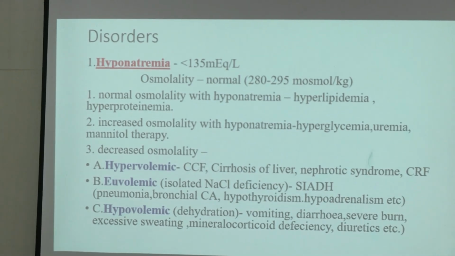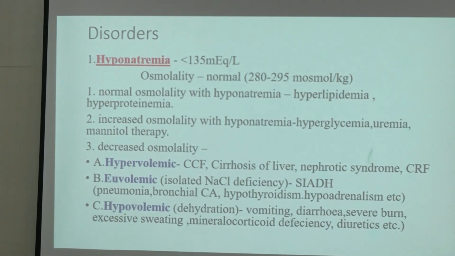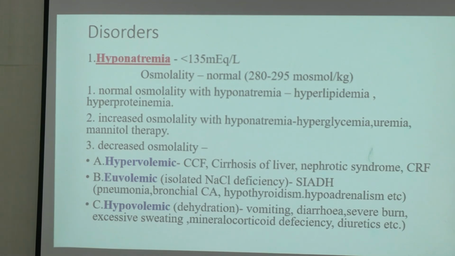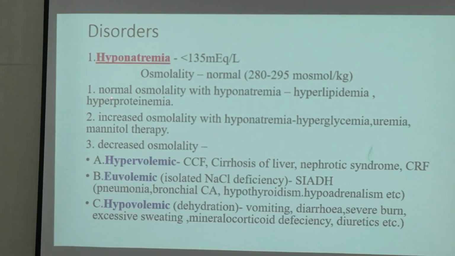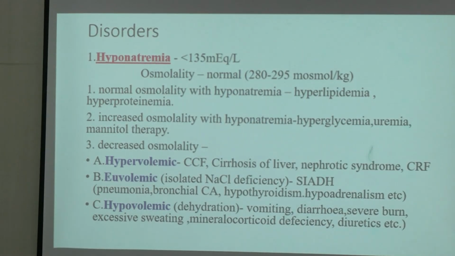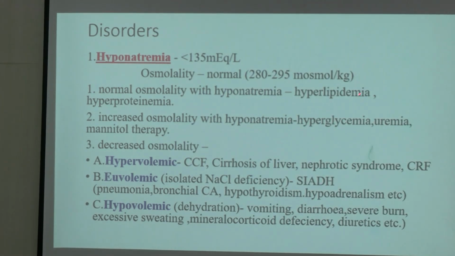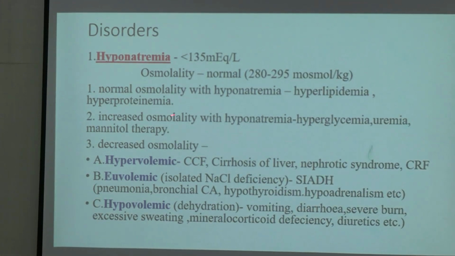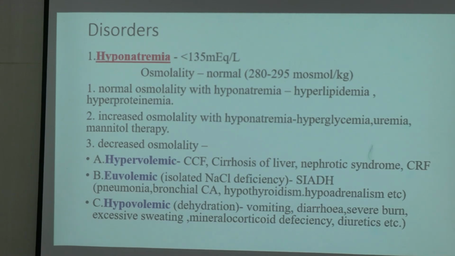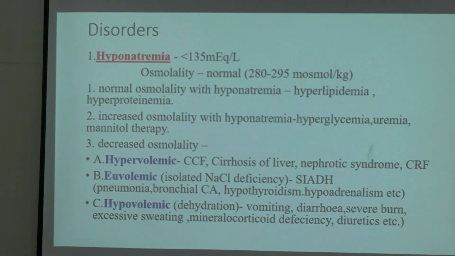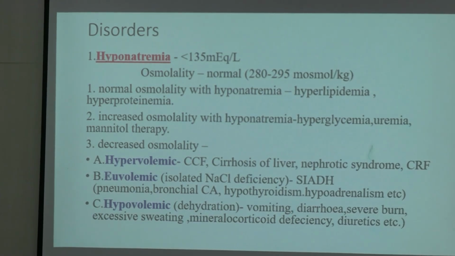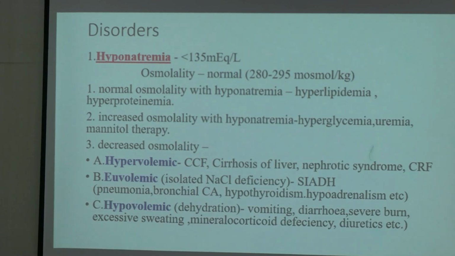Okay, so our treatment starts like this. A hyponatremia patient is diagnosed. Then see: normal osmolarity with hyponatremia occurs in conditions like hyperlipidemia, hyperproteinemia like multiple myeloma, or paraproteinemia like in cancer patients.